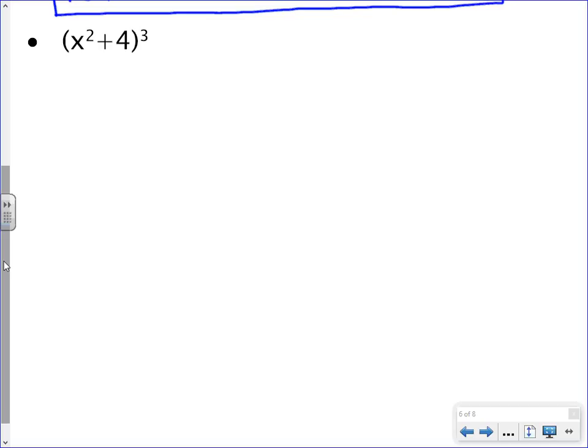Like I said, you can either remember Pascal's triangle, or you can just do all of these combinations. So, since this is being raised to the 3rd power, we're going to start with 3 combinations of 0. The first term in our binomial is x squared.